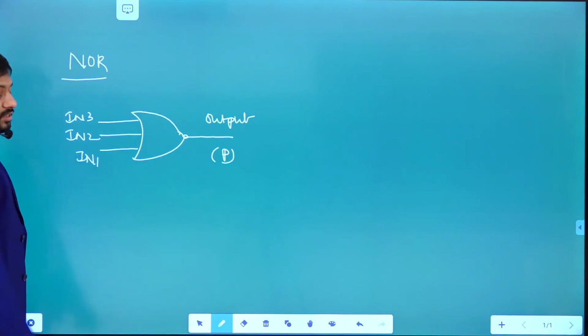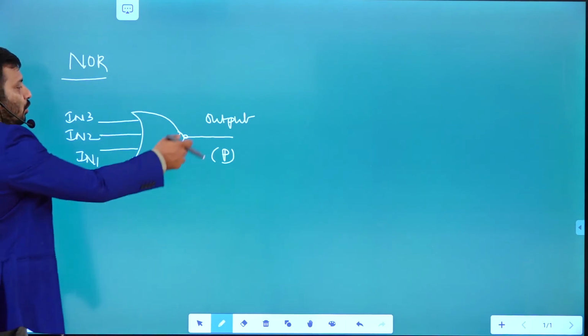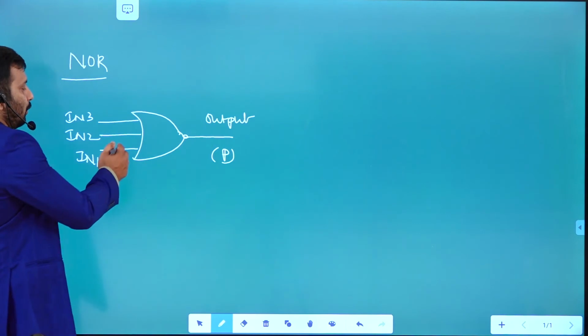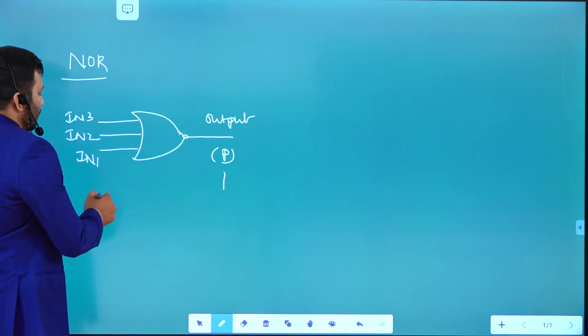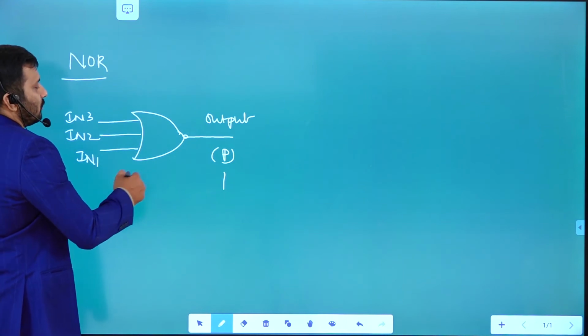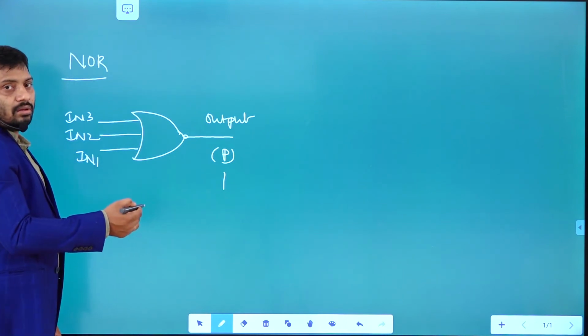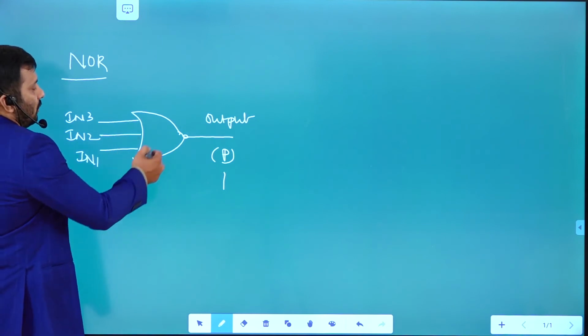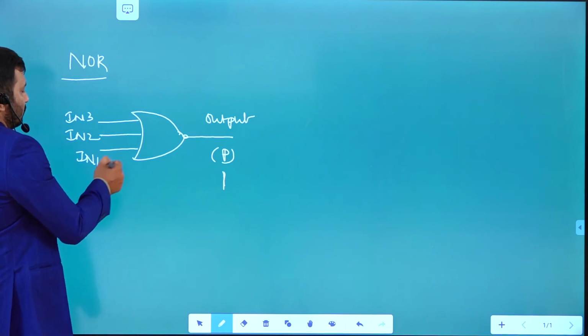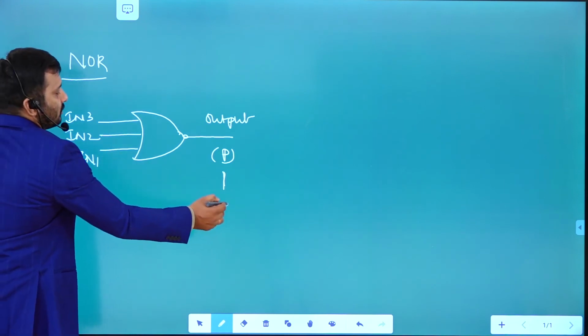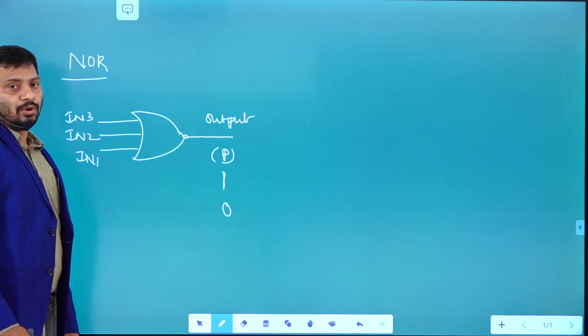If any one input is 1, the output is 0. If all inputs are ones, the output is going to be 0.